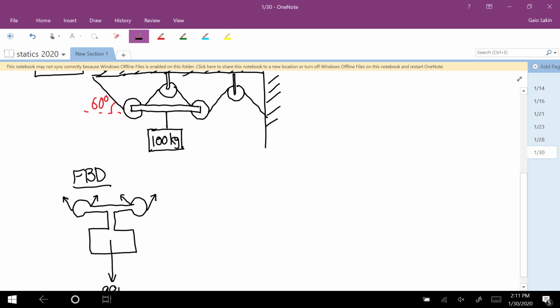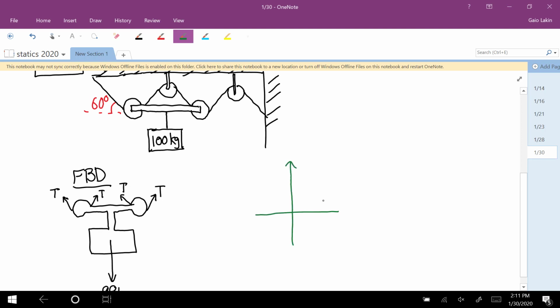Those are the places where the outside world makes contact with the boundaries. And since those are all the same cable, just going through pulleys, these all have the same tension, the same magnitude.